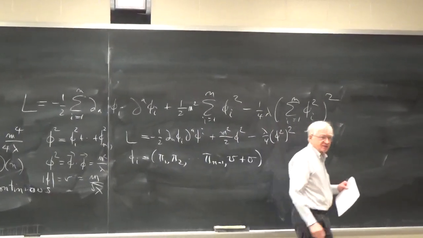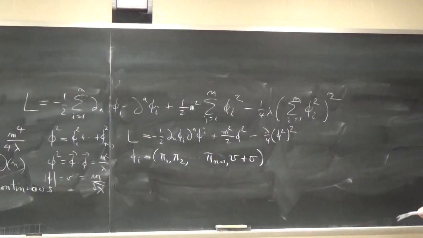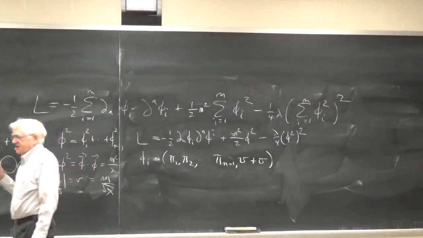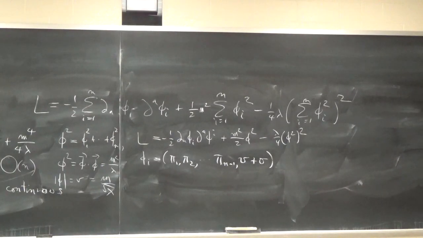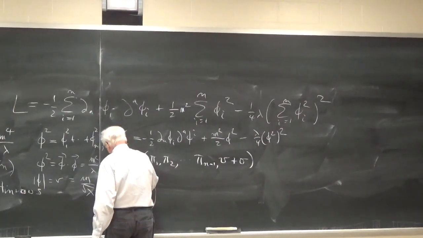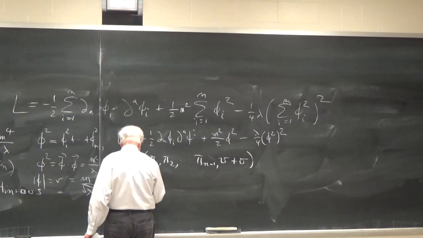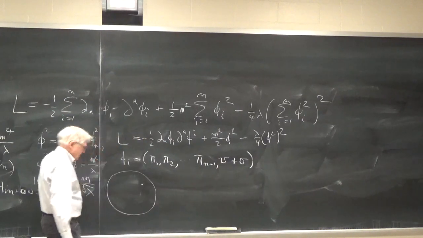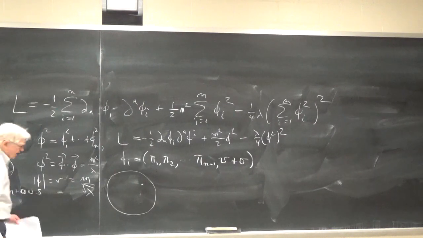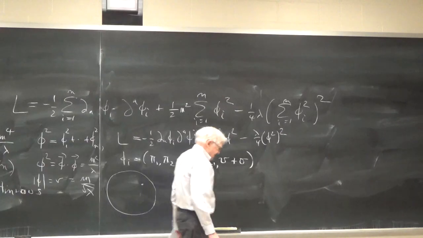So that's the way people normally parameterize this. So the idea is that whereas there the vacuum was one of two equivalent points, here it's quite different. We have a whole sphere and we just pick a particular point on the sphere, so we have a whole sphere of equivalent vacua.